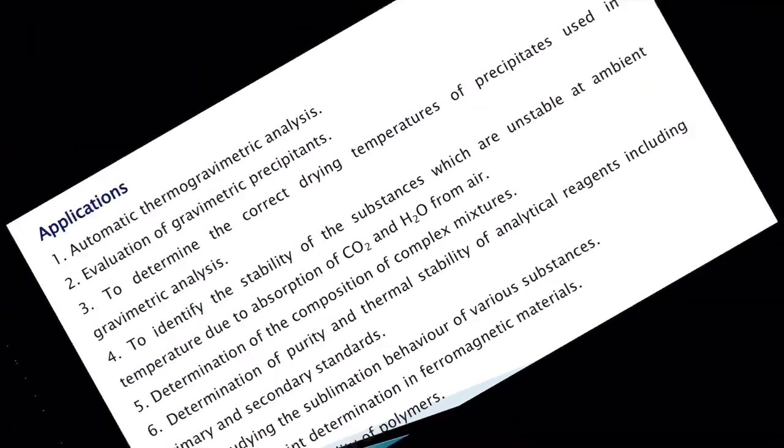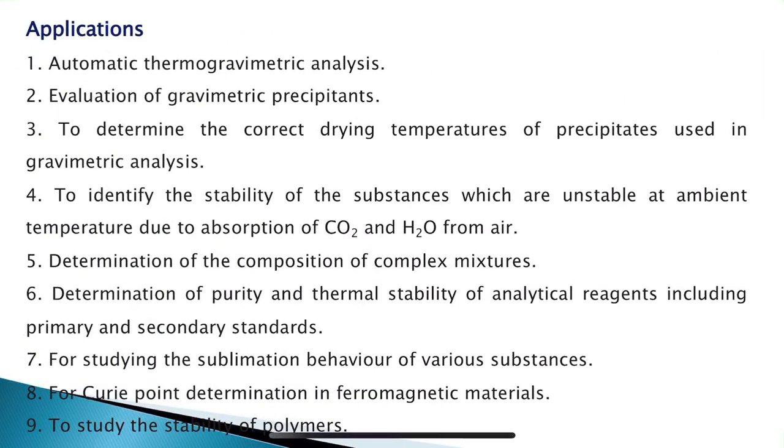Research means we are going to synthesize a new compound, right? We are going to characterize whether I have synthesized the compound in a pure way, whether the purity is 100%, whether I have got a yield of 100%. All these things come under characterization.